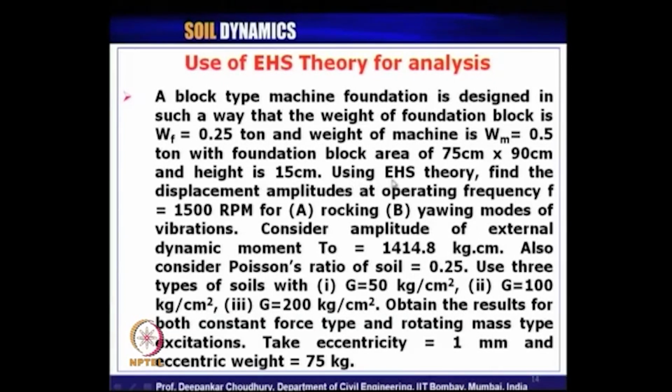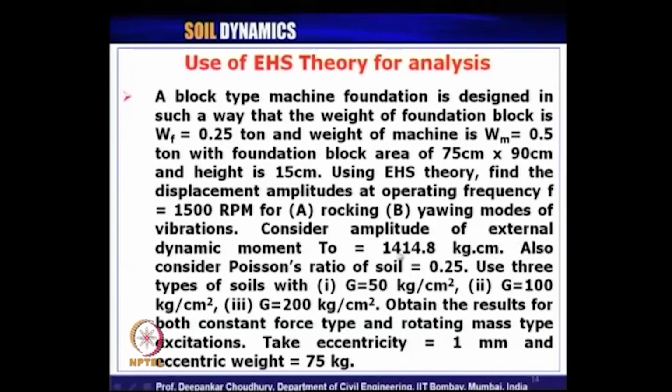What is asked: using elastic half space theory, find the displacement amplitudes at an operating frequency of 1500 rpm for rocking mode and for torsional or yawing mode of vibrations. This is the only change. And in this case, as you know, the externally applied dynamic load should be either a moment or a torque.